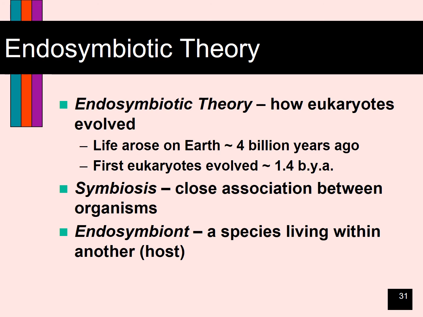Like I mentioned, eukaryotic life evolved from an endosymbiotic relationship between two prokaryotic organisms. There was one larger one and then one smaller one that lived inside. Symbiosis is the close association between organisms, and an endosymbiont would be the species living within the other species, which would be the host.